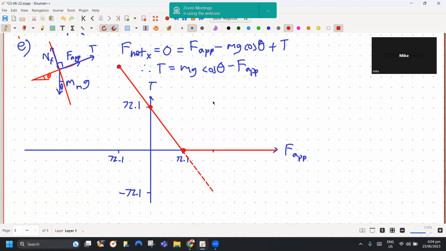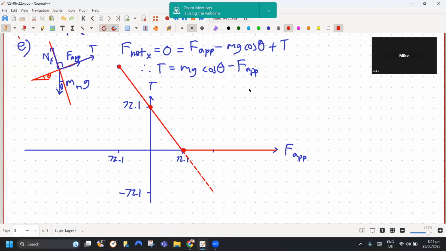So if F applied is greater than 72.1, what's the acceleration along X? What's the acceleration? So 0 na yung F. And then mass is okay. So acceleration is 0. Wala na po force.